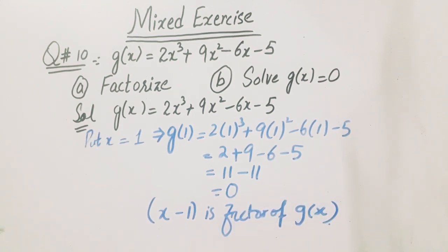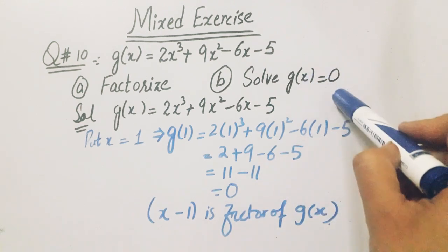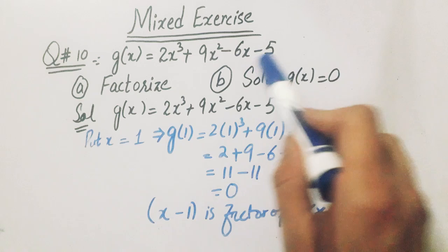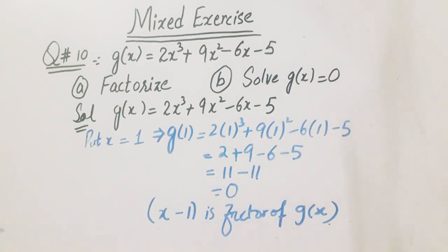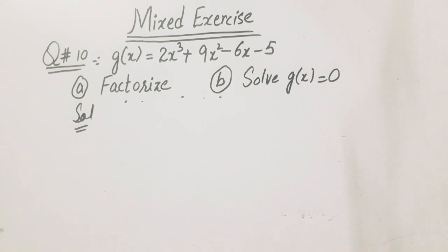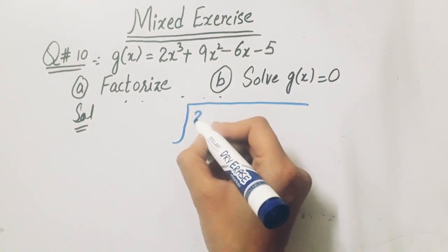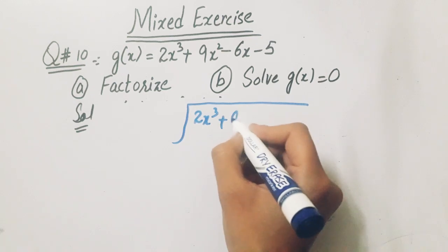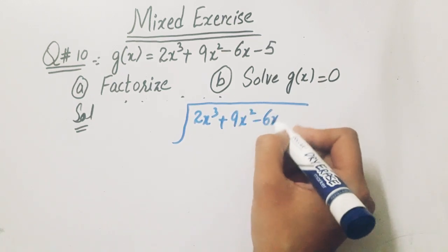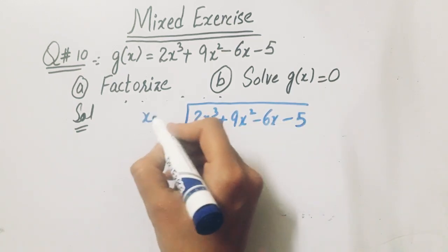Now we will solve the B part, such that solve g of x is equal to 0. It means we will divide our expression by x minus 1 and find the answer. 2x cube plus 9x square minus 6x minus 5 divided by x minus 1.